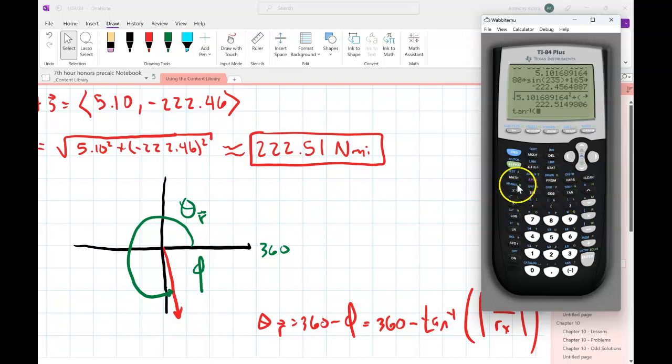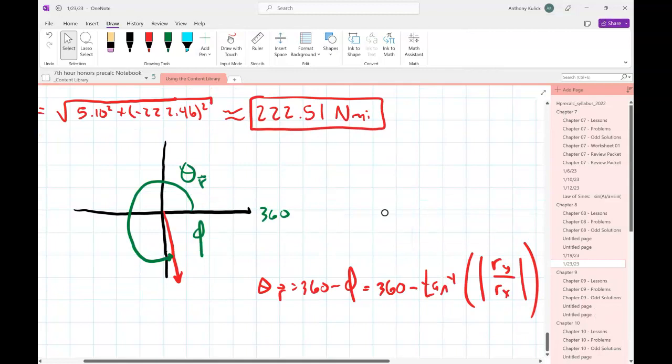I'm going to pull the absolute value because I'm going to try to screen grab these values. So we'll just do 222 divided by this guy. Oops, I forgot to do 360 minus that. So 271.3-ish.